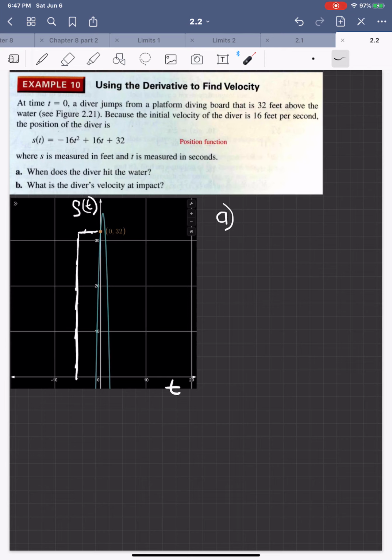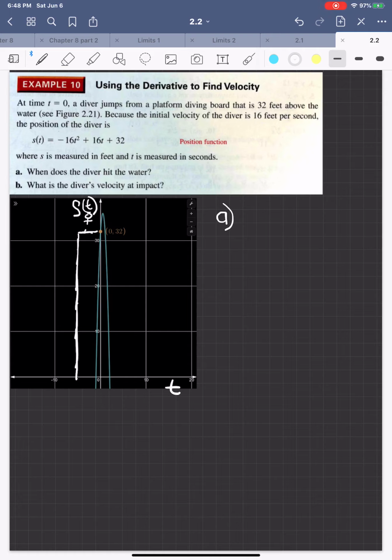Nevertheless, let's actually see this in action. Last problem. And I know this has not been easy, a long video, but let's finish it. So let me read. At time 0, a diver jumps from a platform diving board that's 32 feet above the water. Now it says see figure 2.21. I don't have figure 2.21, so I don't want any jealousy, but I'm going to draw it for you.